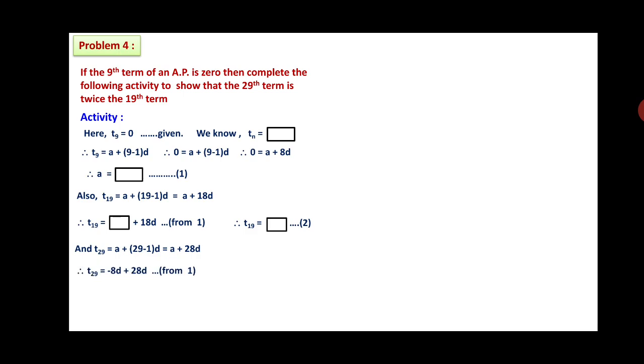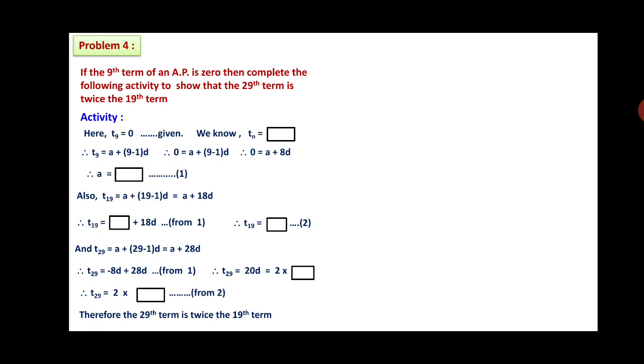Therefore, T29 is equal to minus 8D plus 28D, from 1. Now, therefore, you can write T29 is equal to 20D, which will be 2 into, in the box you have to write, T29 is equal to 2 into whatever the value comes. Therefore, you can write the 29th term is twice the 19th term.